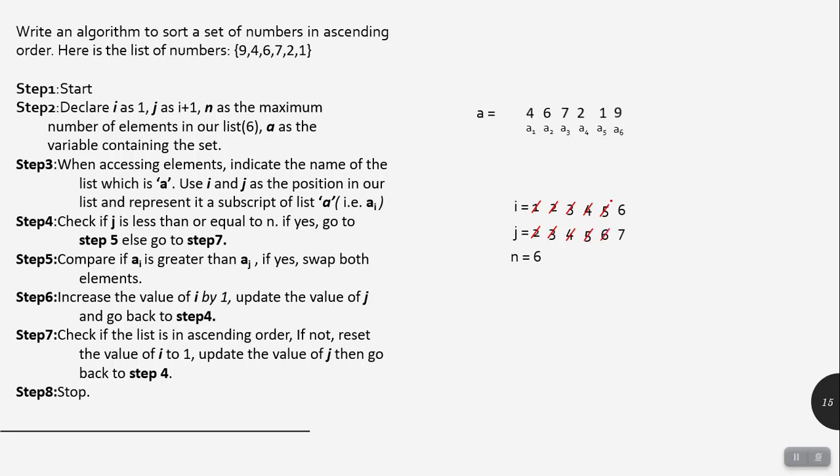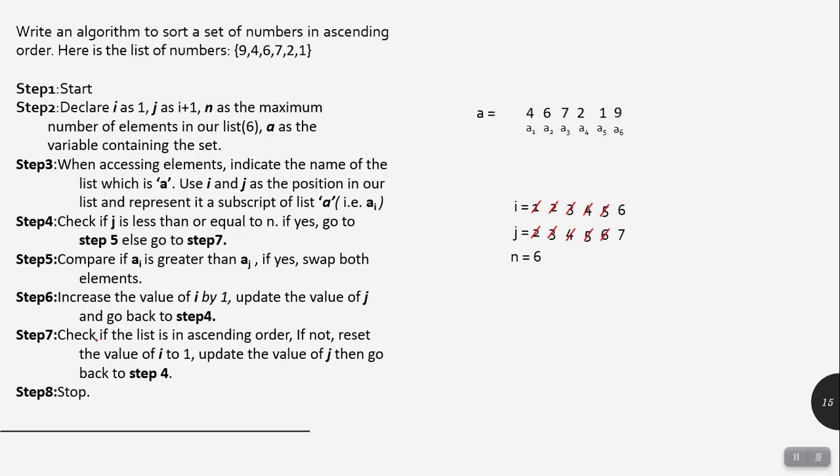So that's 7. We will check now in step 4 if j is less than or equal to n. j is equal to 7. Is it less than or equal to n? Since j is 7, it is greater than 6, so we'll go to step 7.